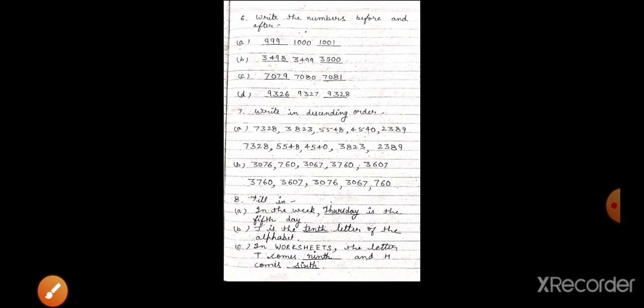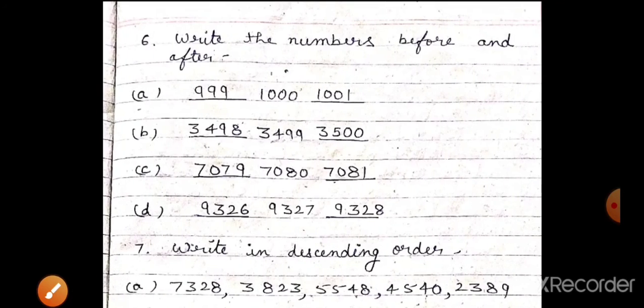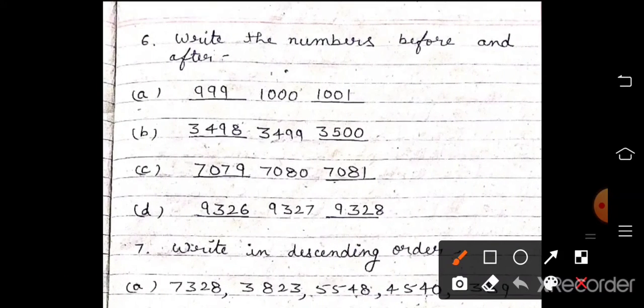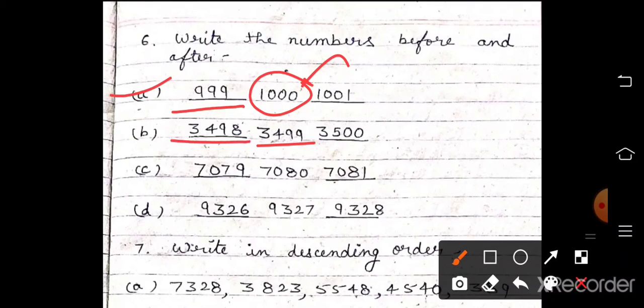Okay. Now question number 6. Write the numbers before and after. So A part 1000. So before 1000, 999. After 1000, 1001. The next is 3499. So before it, 3498.